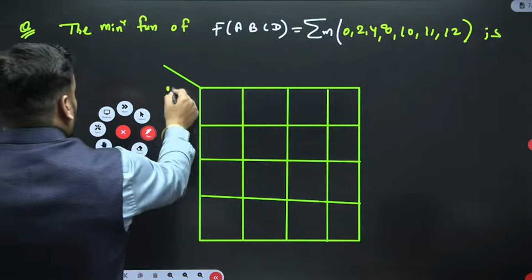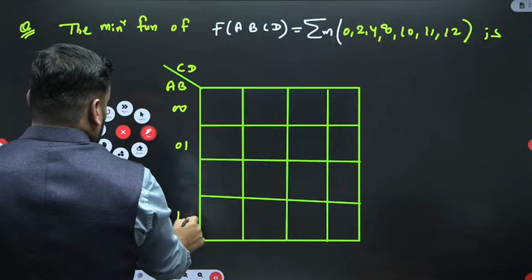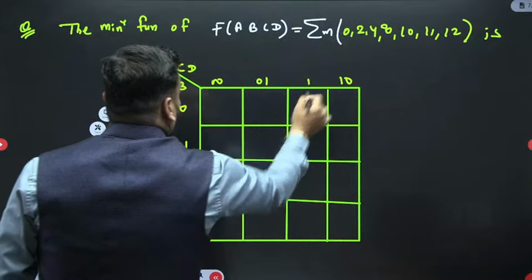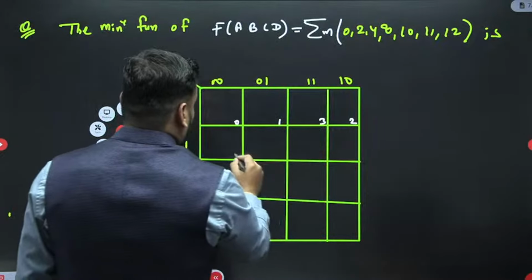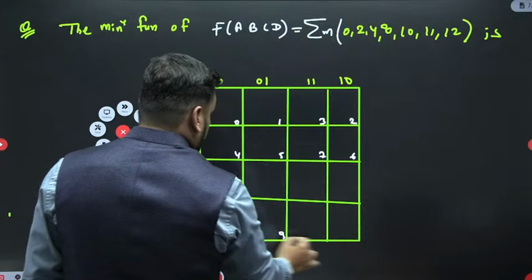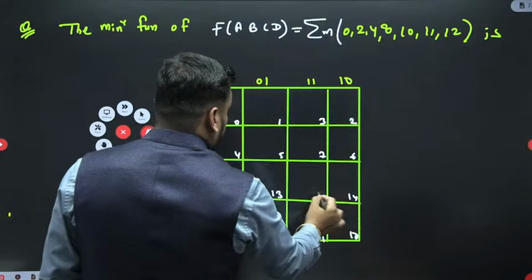We have the variables A, B, C, D. Here we have 00, 01, 11, 10 for both axes, and the cells numbered 0, 1, 2, 3 through 12, 13, 14, 15.